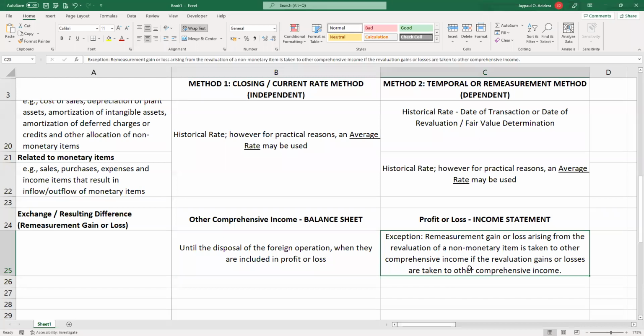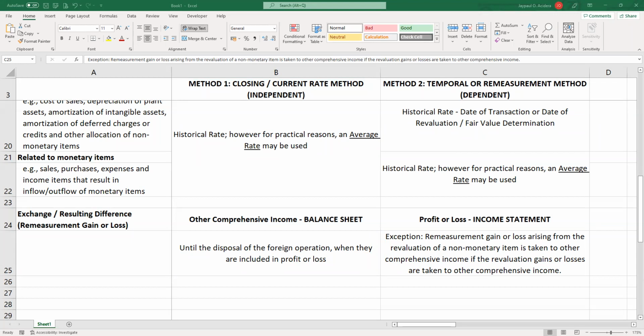Okay, so let's have some short problems related to foreign currency FS translations. Yes, I'm going to provide you with these handouts now, or our third handout. We have a graph or a chart here. Ayan nga. So nandito yung method 1 natin and method 2.